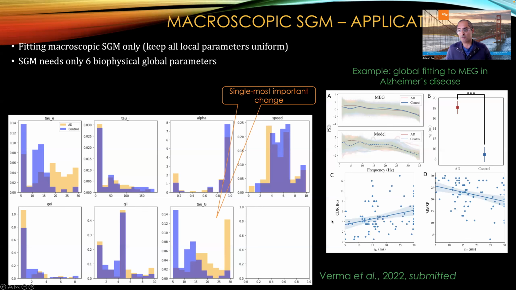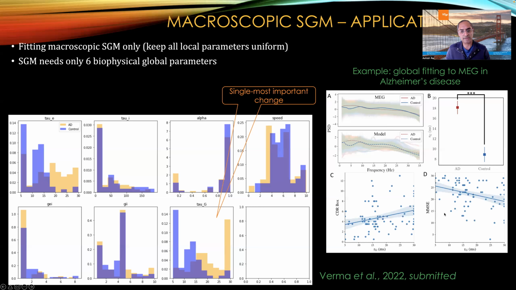And to see if the shift in tau g has any relevance to the phenotype of the subject, we plot in C and D its relationship to CDR box score and MMSE, which are measures of cognition. And we find that there's, in fact, at least in MMSE, a really strong relationship. The longer your time constant, the worse your MMSE.